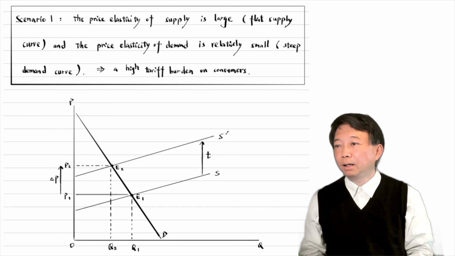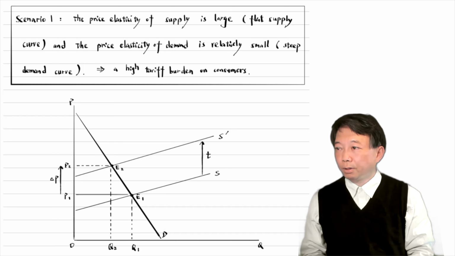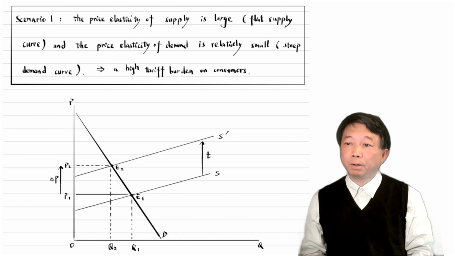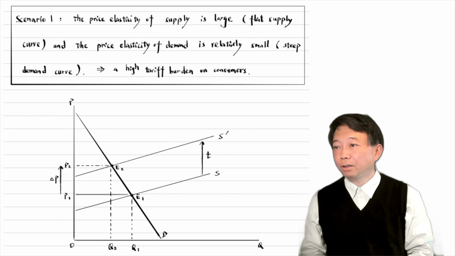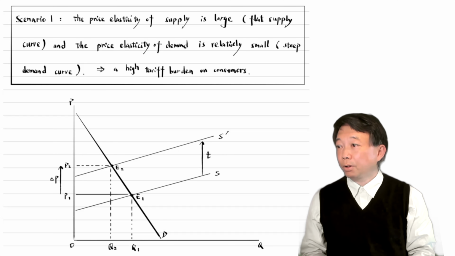A low demand elasticity means demand is not very sensitive to price changes. The price must drop significantly to cause even a small increase in demand, meaning that the demand curve is very steep.